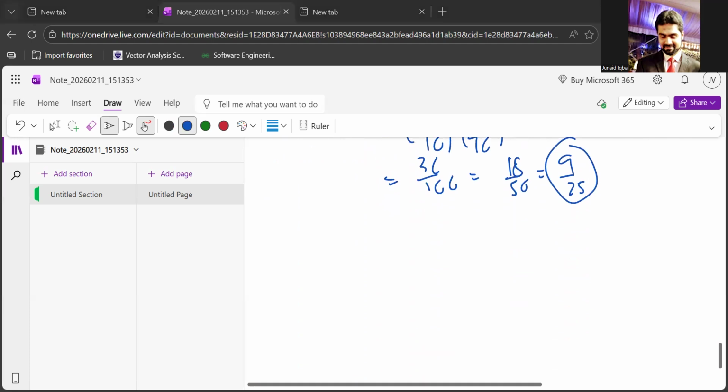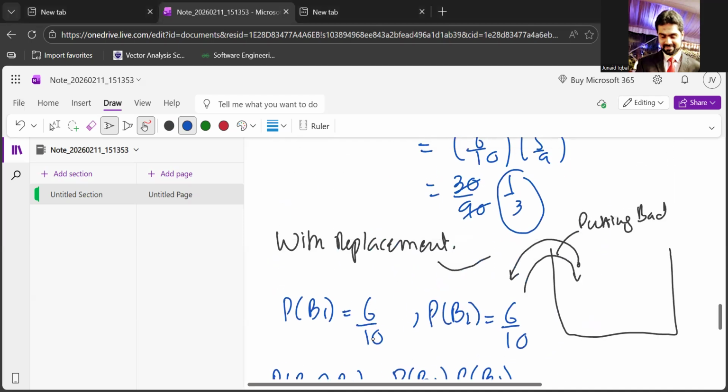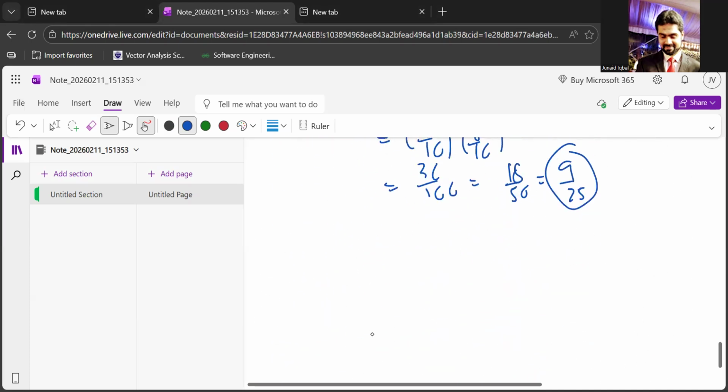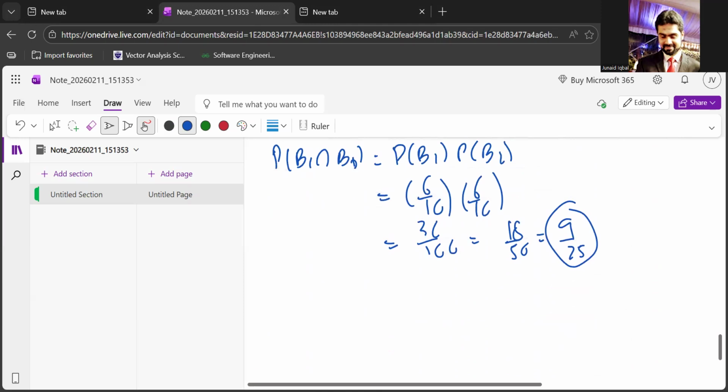Let's move forward with another topic for probability. We are going to discuss conditional probability now. And by the way, this can be used for dependent events also.